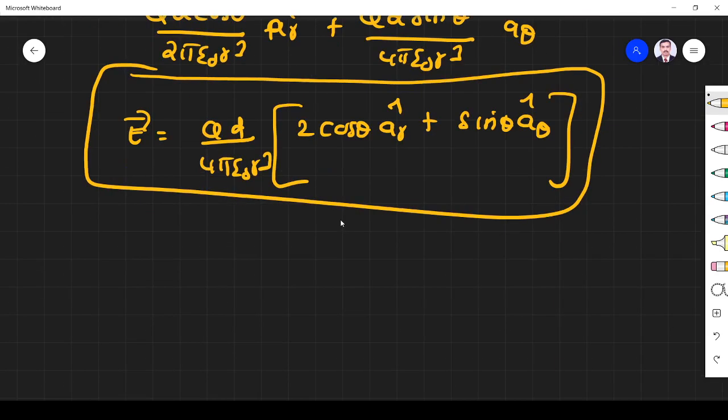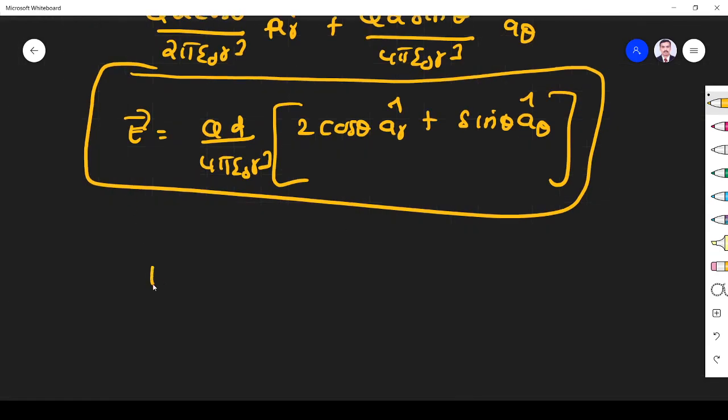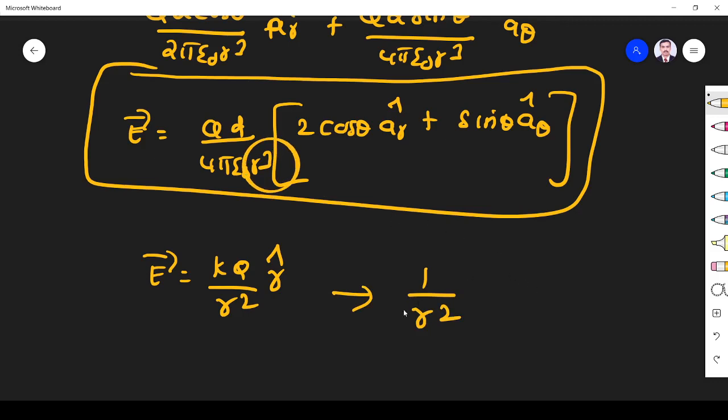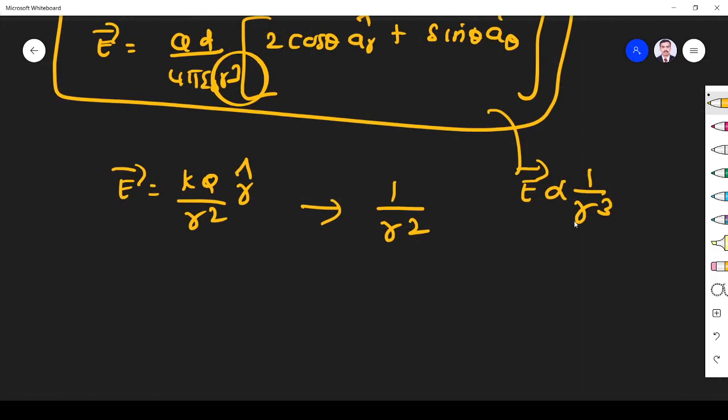Again, we know the electric field due to a point charge is given by KQ by R squared R cap. Here the electric field varies with respect to 1 by R square, it is a point charge. Whereas E in a dipole varies with respect to R cube. That's also right, because the point charge electric field decays slowly compared to the dipole, which decays fast, 1 by R cube.